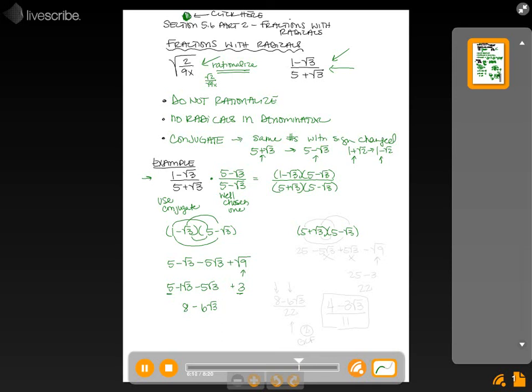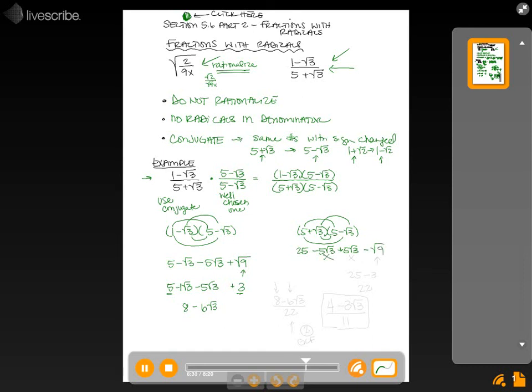My denominator, I'm going to FOIL it. 5 times 5 is 25. 5 times negative root 3 is negative 5 root 3. 5 times a positive root 3 is plus 5 root 3. And then we have positive root 3 times negative root 3 would be negative square root 9.